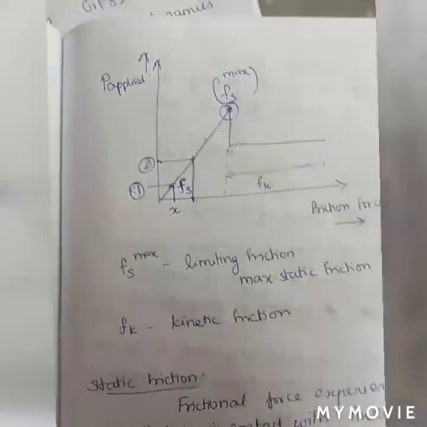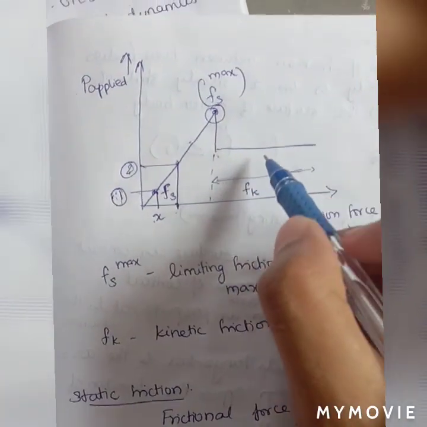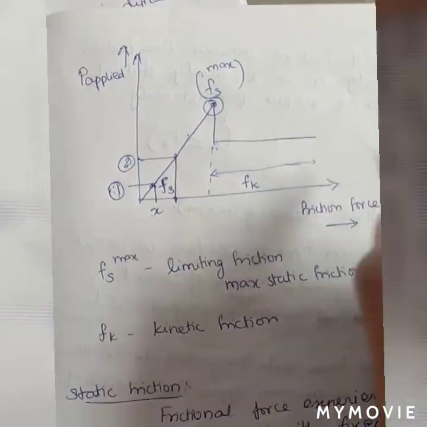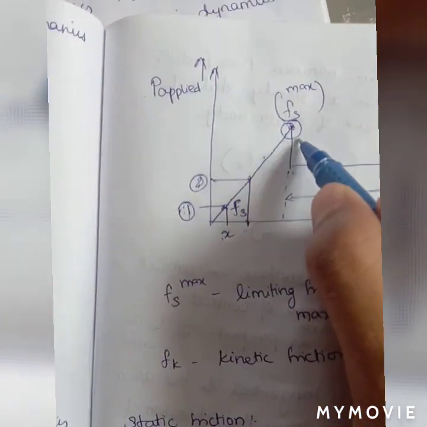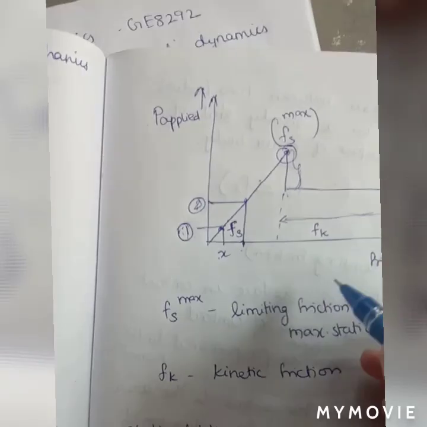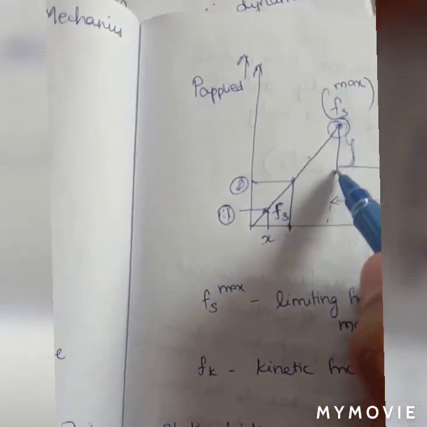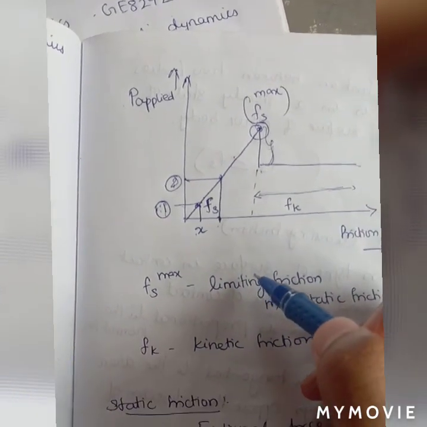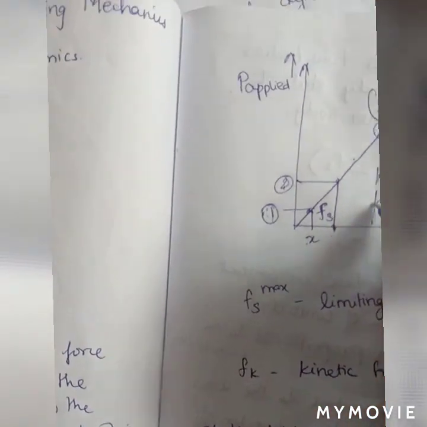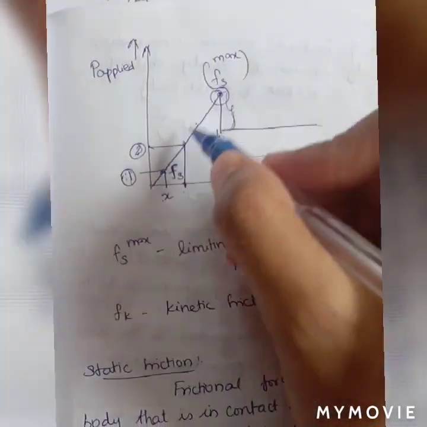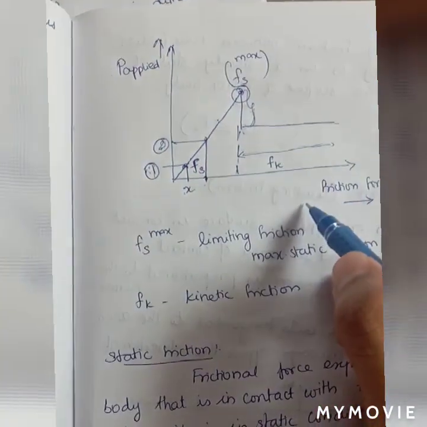Am I right? The object starts to move. Until it reaches a steady state of motion, there will be a decrease in the frictional force. So after the object attains the steady state of motion, the frictional force remains constant. So in this region, can you see the linear relationship between the applied force and frictional force?